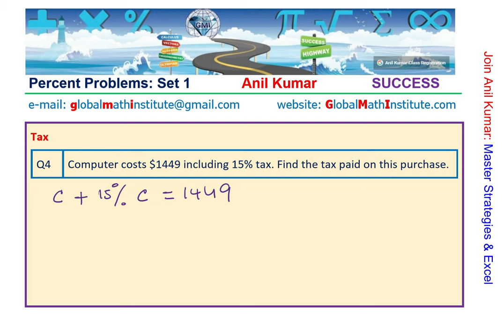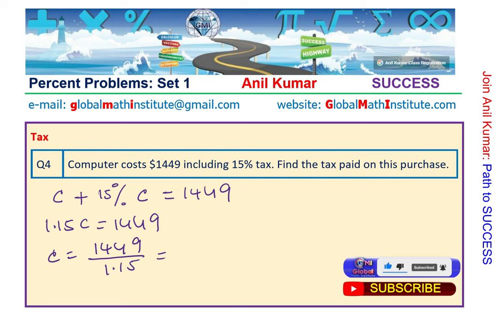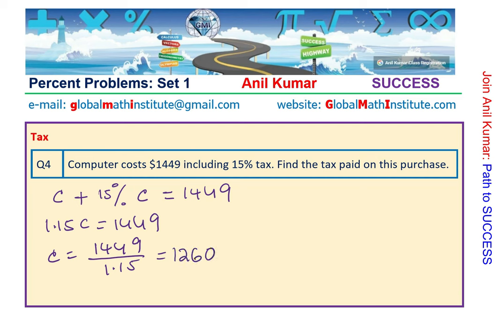So in this particular case, you can say 1.15 of C is 1449 or C is equal to 1449 divided by 1.15, correct? So let's find this. 1449 divided by 1.15 and that gives me 1260. So we got 1260 as the cost.